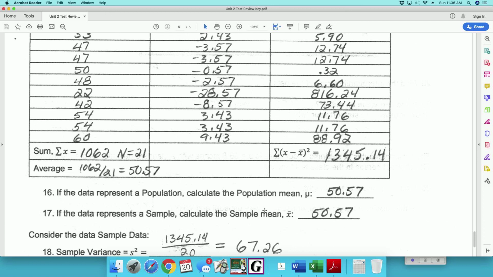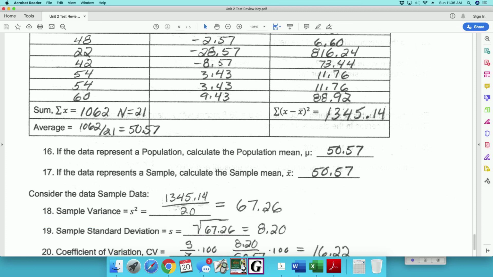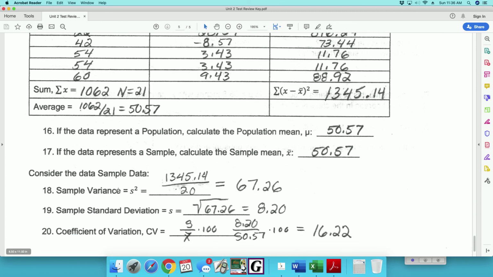Now, considering the data as sample data, to figure out the variance, s squared, it's going to be our sum of the differences squared divided by n minus 1. And that answer is 67.26. To get our standard deviation, we take the square root of 67.26 and we get 8.2. So this is our standard deviation of our sample.